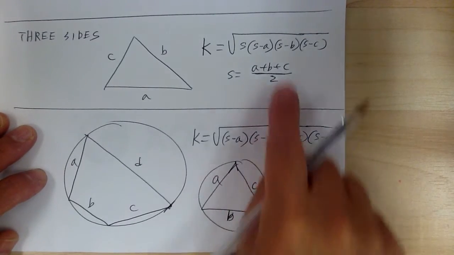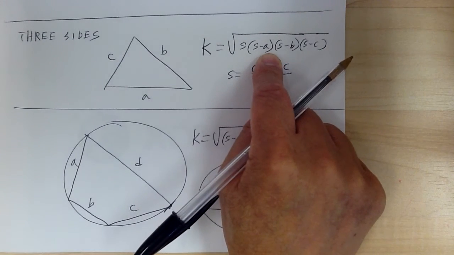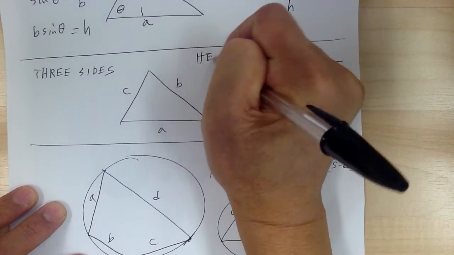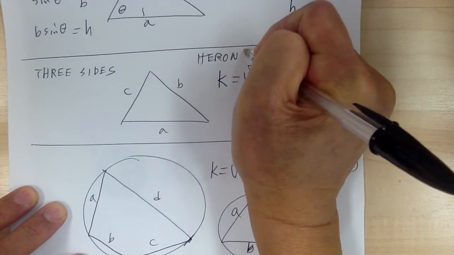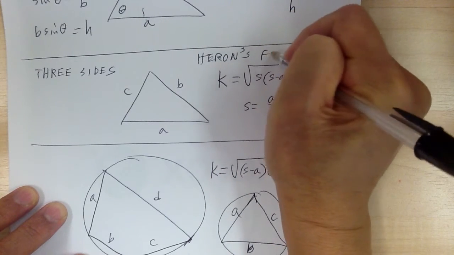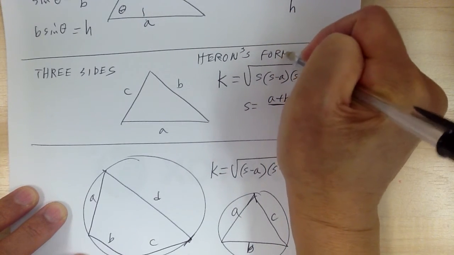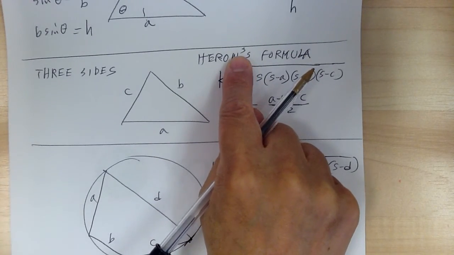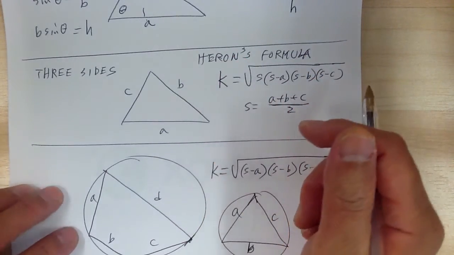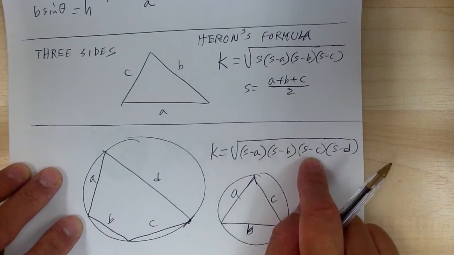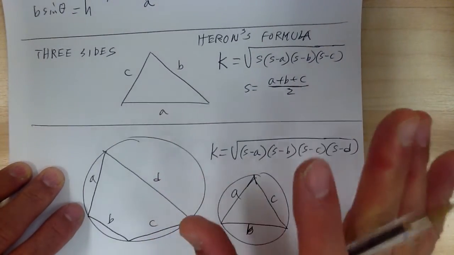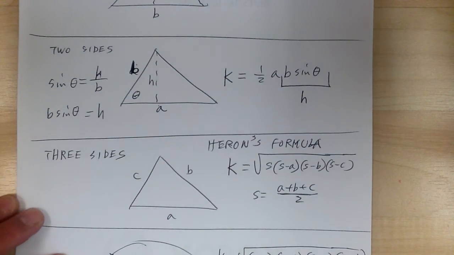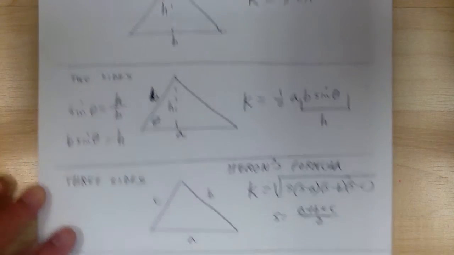And this is called Heron's formula. It's pronounced Hero. I know there's an N, but it's pronounced Hero, so it's Hero's formula. And so that's the formula you need to use. It depends on what is given, and you can use one of the formulas to solve.